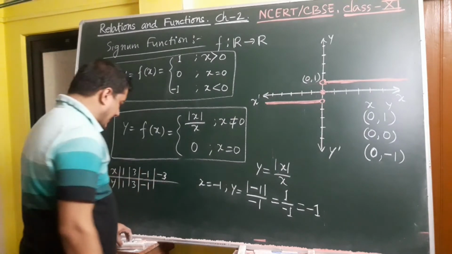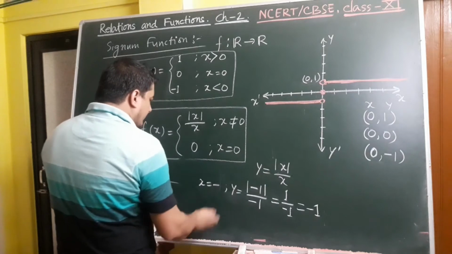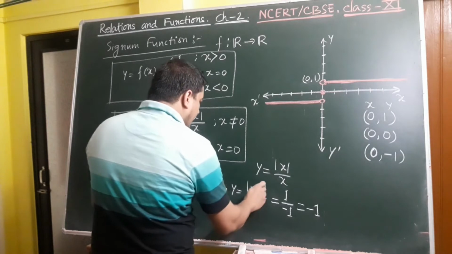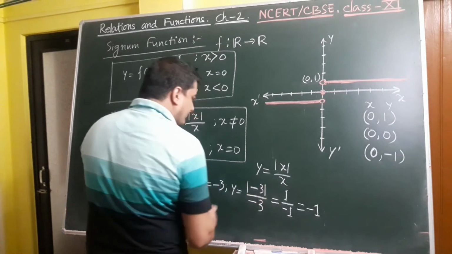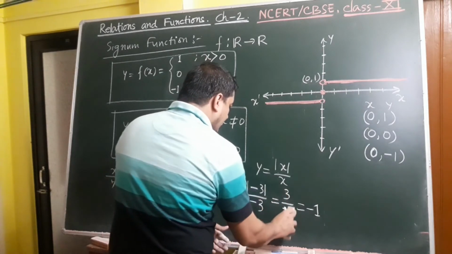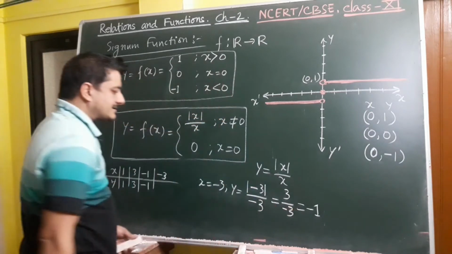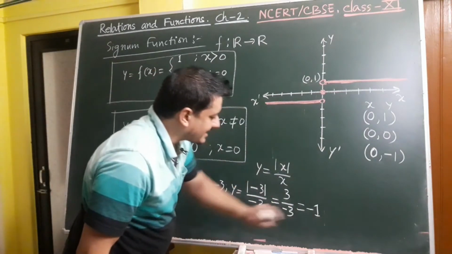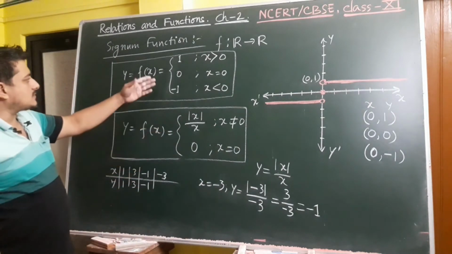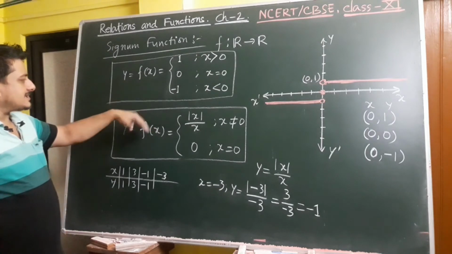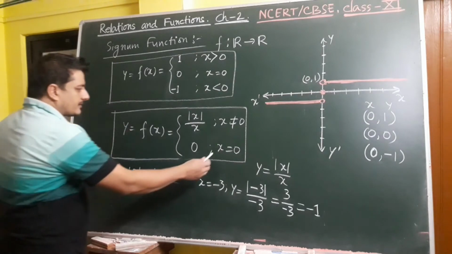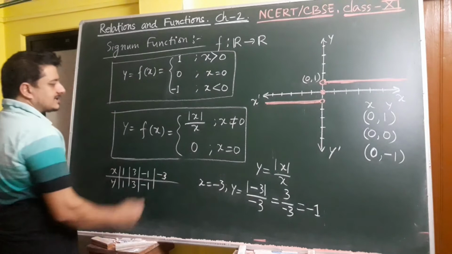Now for minus 3 also, it will be mod of minus 3 divided by minus 3, which is nothing but 3 by minus 3, again minus 1. Now I think you got how these two representations are actually the same. And for x equal to 0 it is written that it is 0.